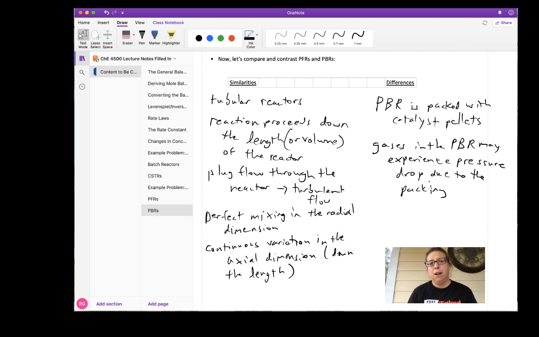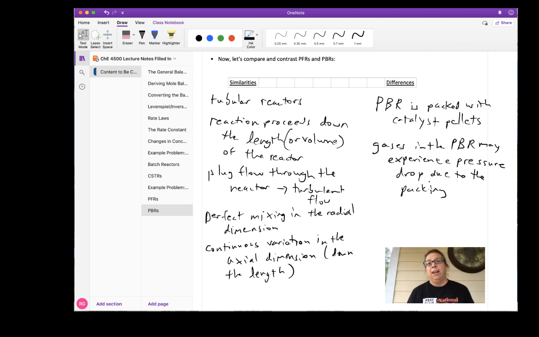Sometimes for a PBR, you're given different units for the problem. For example, we're going to write the mole balance in terms of the catalyst weight, or actually catalyst mass, but we denote it as W, instead of in terms of the volume as we do for the PFR. But in reality, the catalyst mass and the volume of the reactor are related.